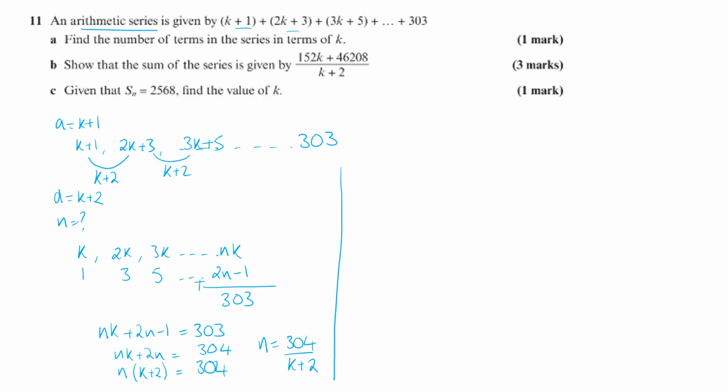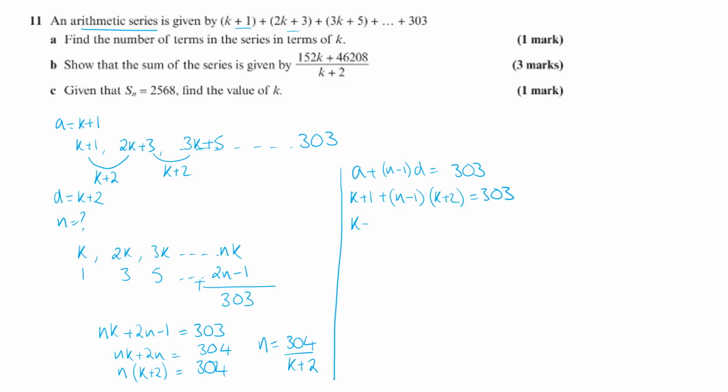The other method would be a plus n minus 1 d is equal to 303. We know that a is k plus 1. We're interested in n, but we don't know what it is, so we just have to leave that as n minus 1. We do know that d is k plus 2, and that's all equal to 303.